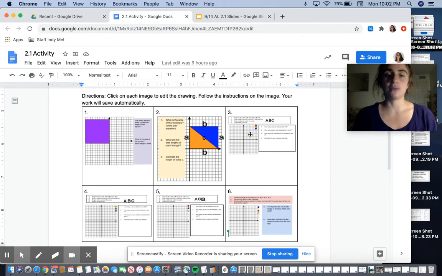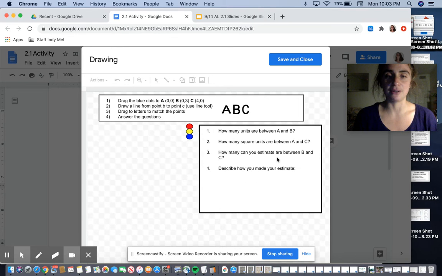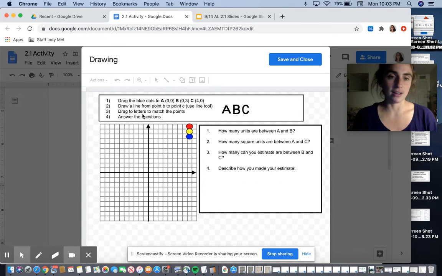I'm going to click on one of them to show how it is to be done. I clicked on number 3. It's loading. And it's cool. It's a drawing with a grid on it. It has 4 steps, 3 letters and 4 questions. It says drag the blue dots, A to 0, 0. Looks like Mashine messed up there.